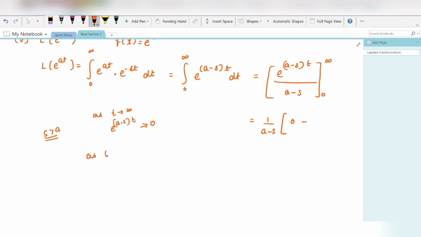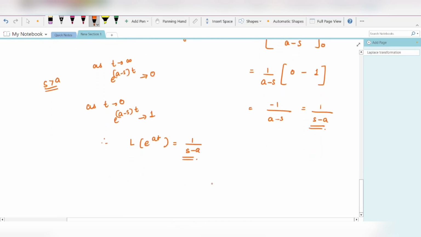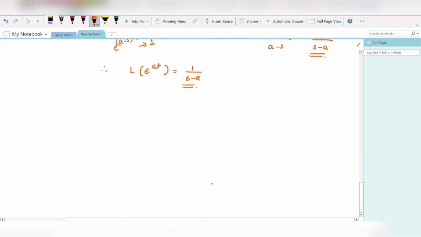Now as t tends to 0, it is obvious that e raised to (a minus s) t will tend towards 1, and therefore we will have 1 as the next term. So we will have minus 1 by (a minus s), or we can write 1 by (s minus a). Therefore the Laplace transformation of e raised to at will be equal to 1 by (s minus a). Alright, so this is what the Laplace transformation of e raised to at is.